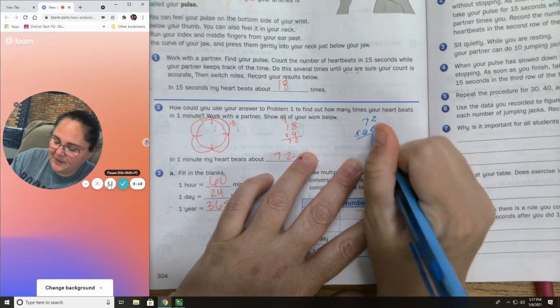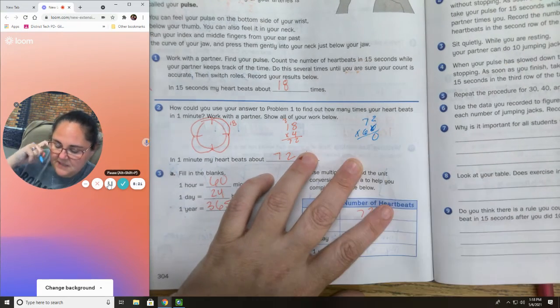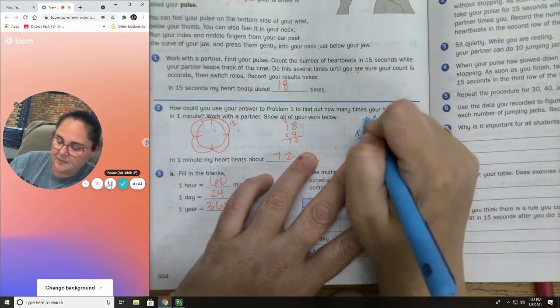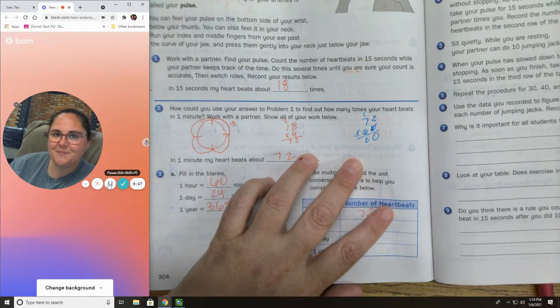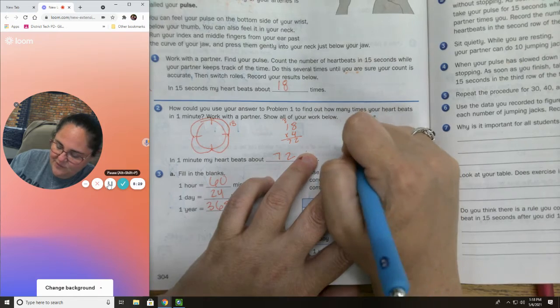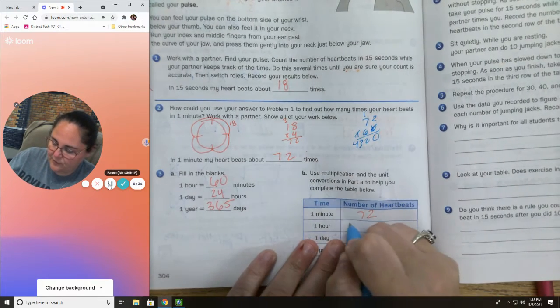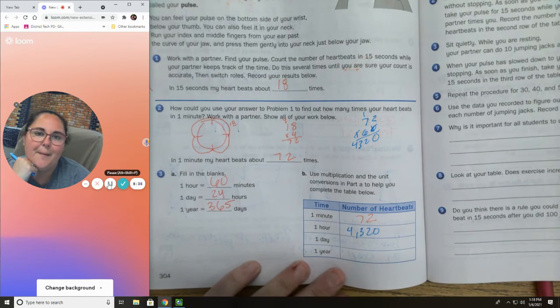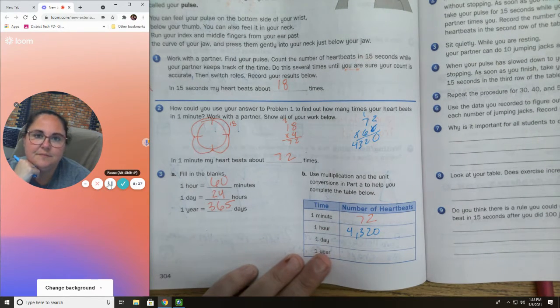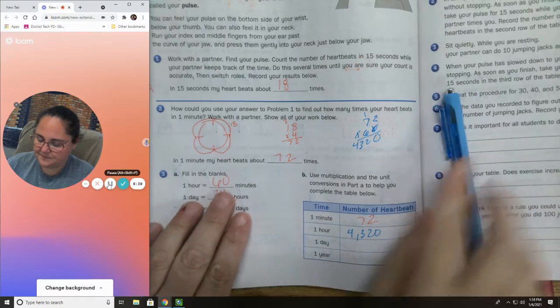I know since I'm multiplying, my 0 kind of stays at the bottom. 6 times 2 is 12. Carry my 1. 6 times 7 is 42, plus 1 is 43. So 4,320 beats per hour. All right, great.